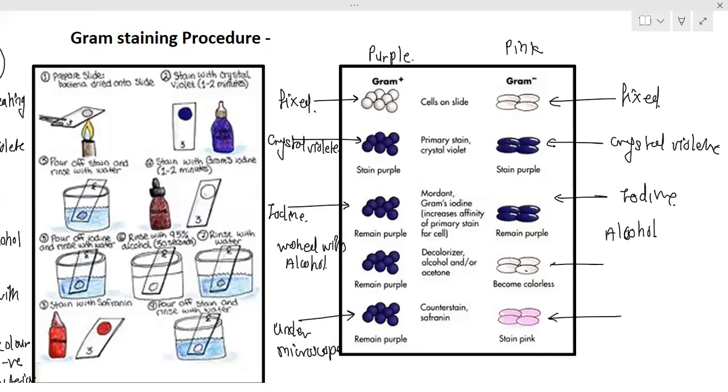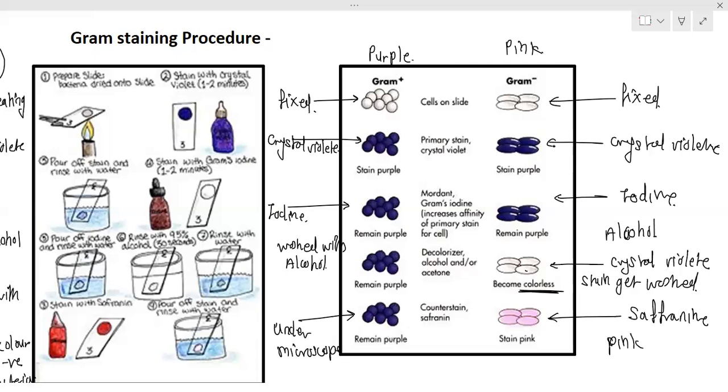The crystal violet stain is washed by alcohol, and as the purple color gets washed off, they again become colorless. Then I added safranin, which is a pink color stain.